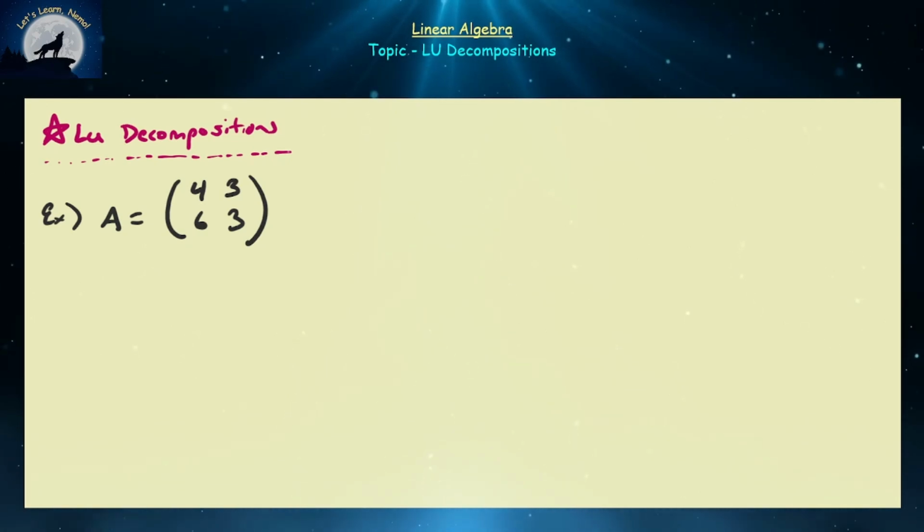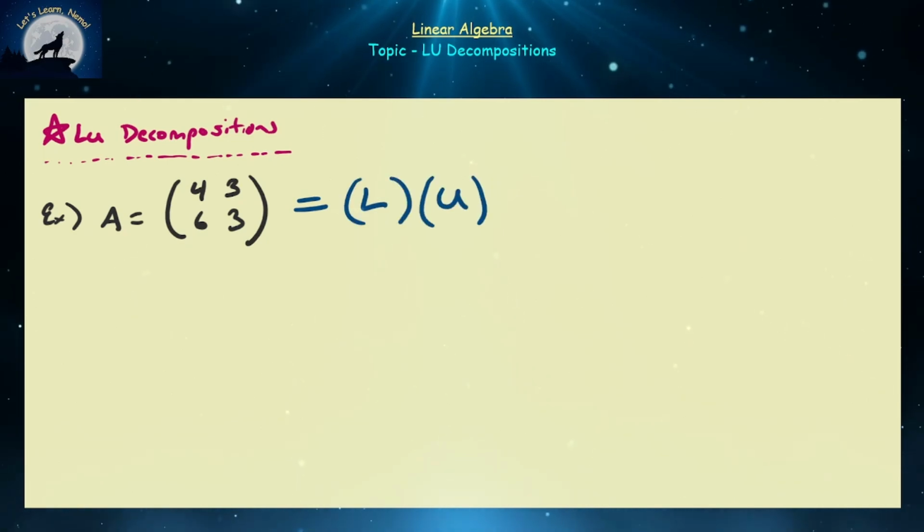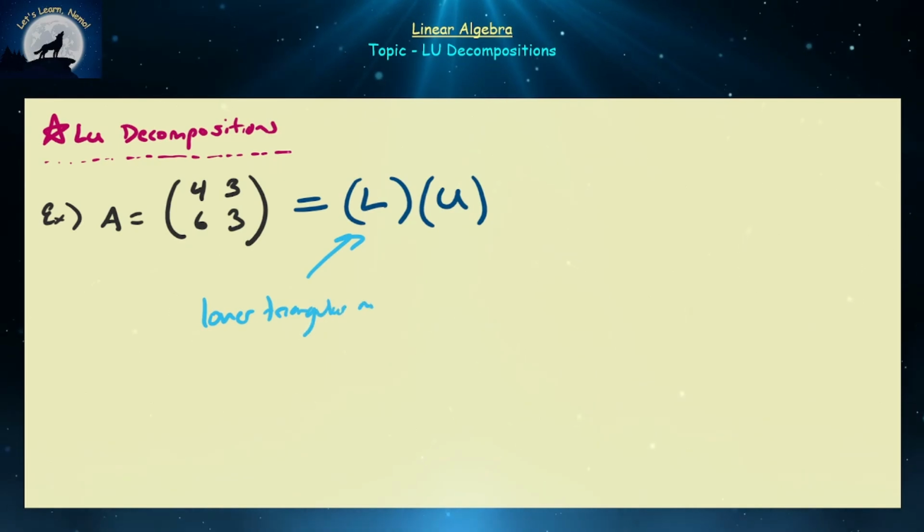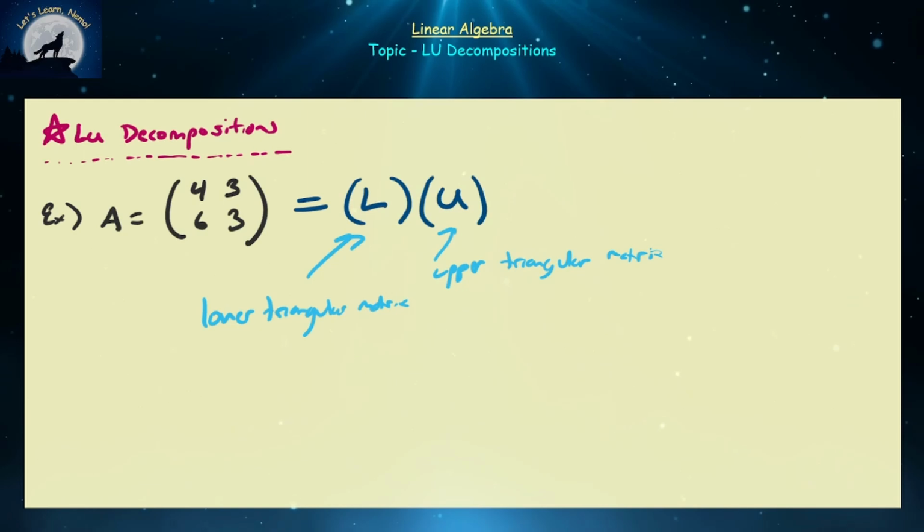If it does, then our goal is to find a matrix L and a matrix U, hence the name LU decomposition, such that L is a lower triangular matrix and U is an upper triangular matrix. So we can view LU decomposition as a factorization of A into two triangular matrices.